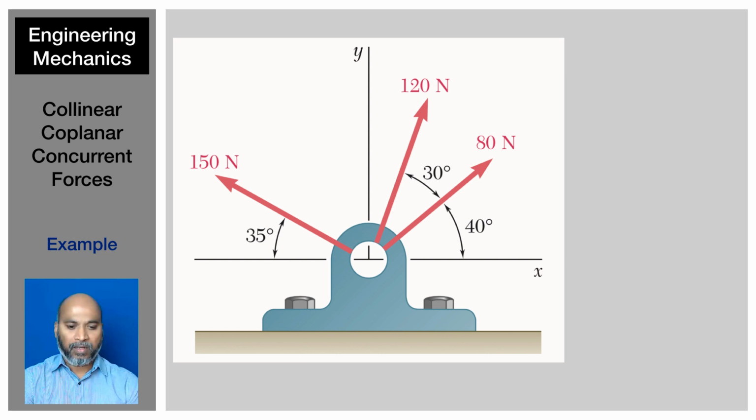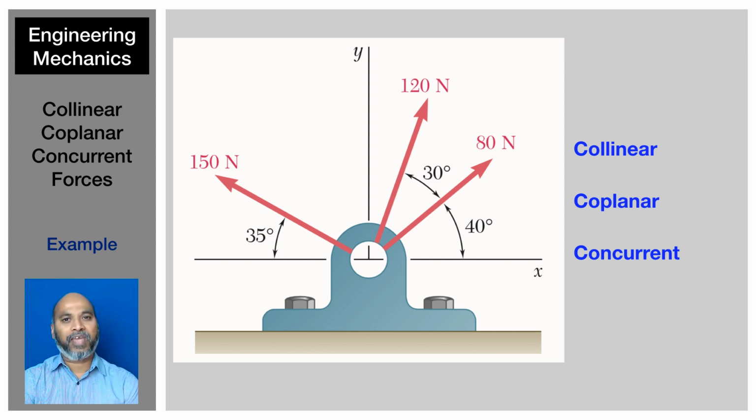Okay, right. This is another example. All these three forces, 150, 120, 80, are also an example of concurrent forces. So basically, let us look at whether they are collinear, coplanar, concurrent. Are they collinear? No, their lines of action are not the same, and so they are not collinear.